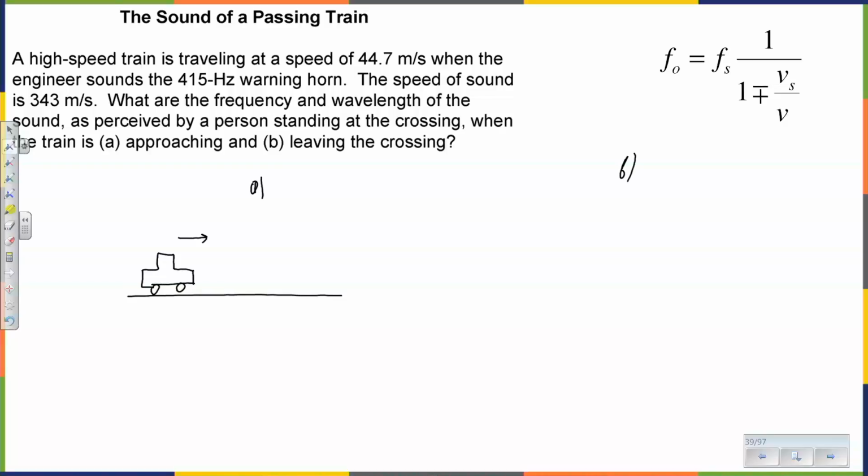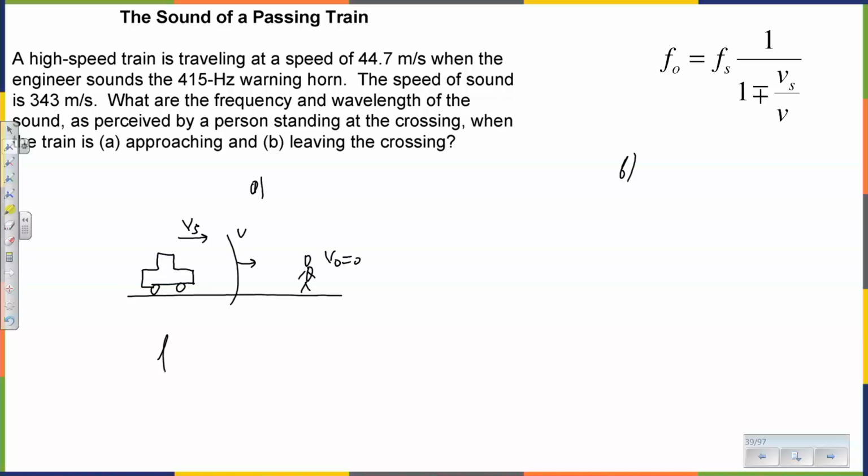Let's say it moves to the right. So in case A, this is 0. That's the source moving. These are waves moving.